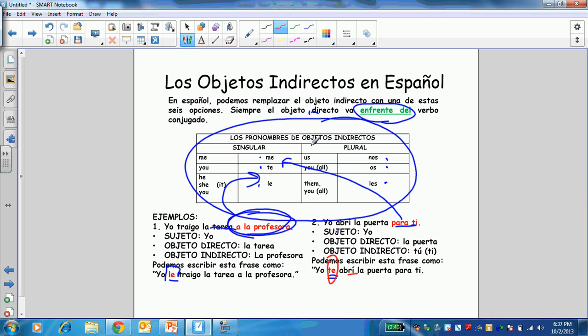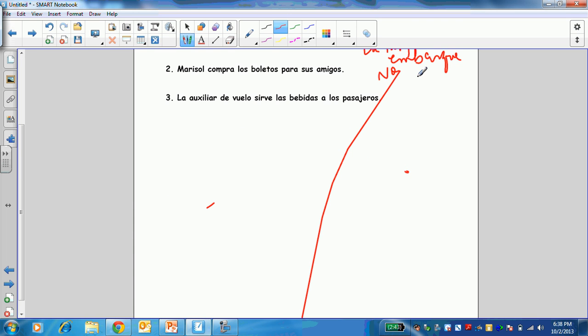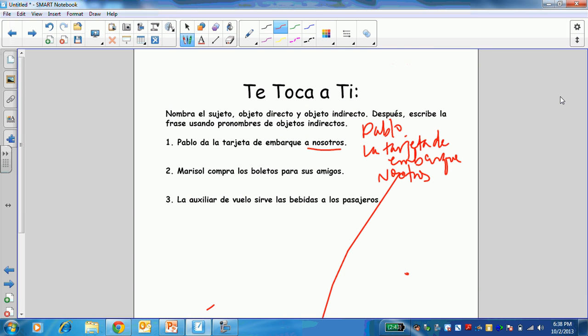So if we look back at these pronouns, nosotros is going to correspond to nos. So we're going to rewrite the sentence as Pablo nos da la tarjeta de embarque.